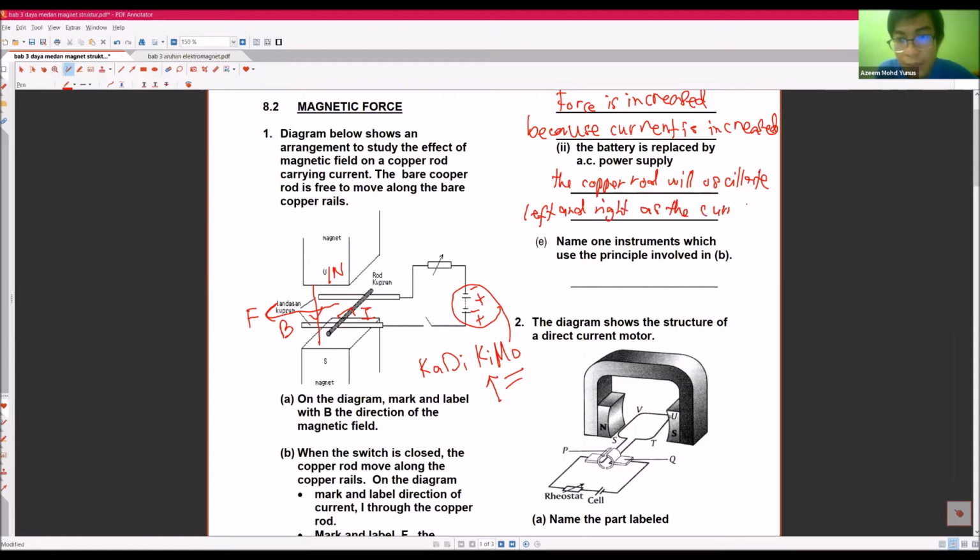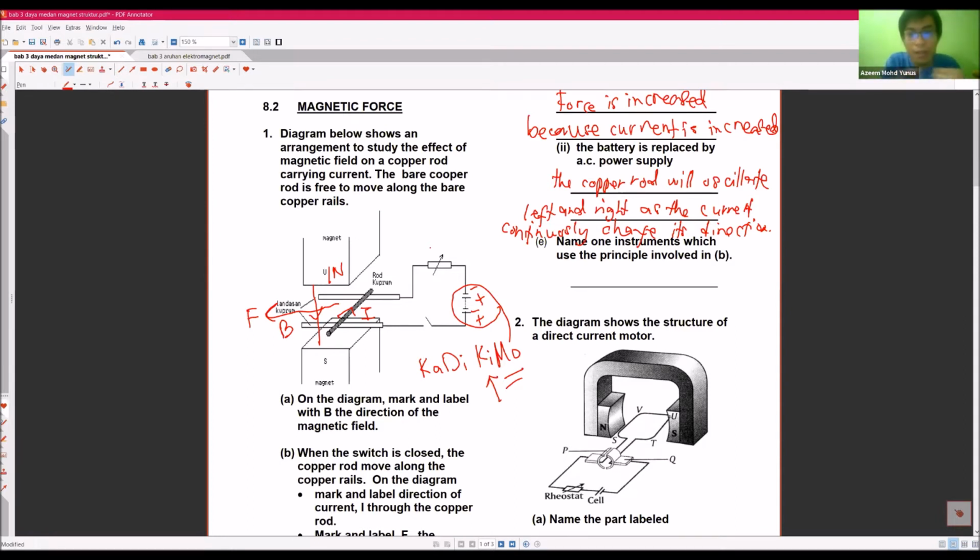The current is continuously changing, so that is the graph of current against time. The first force is to the left, and then the force will be to the right, and the process continues as long as the rod is connected to the power supply and the switch is closed.